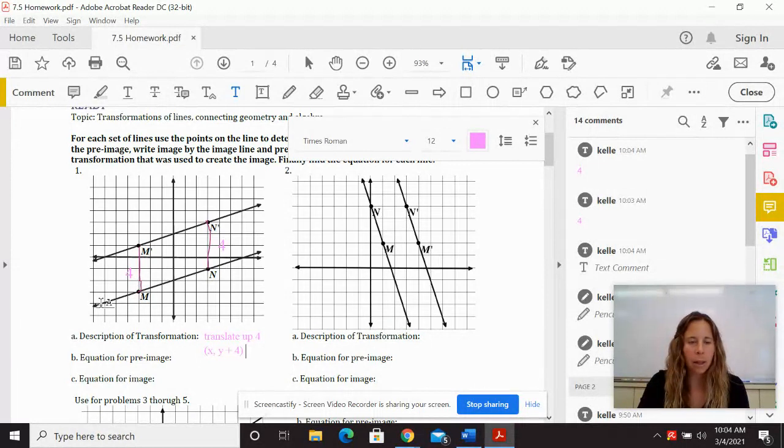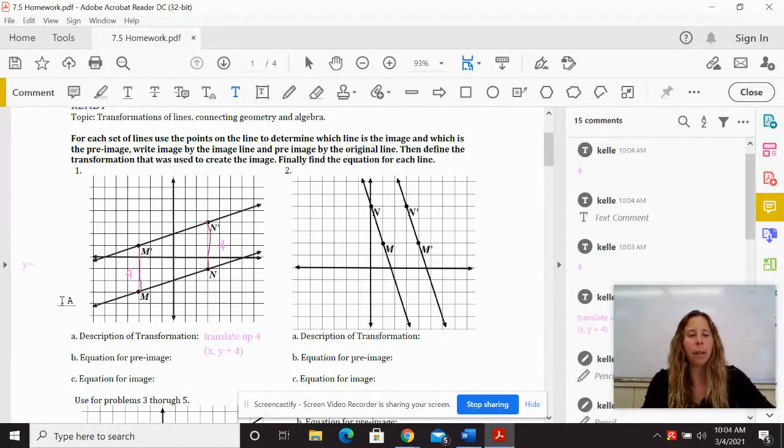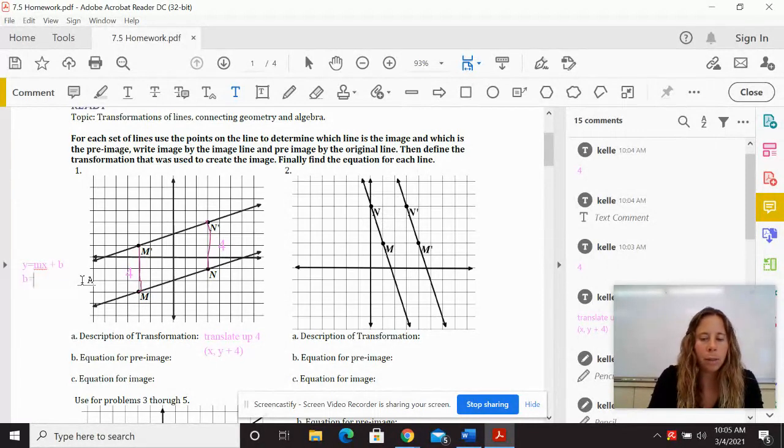So equation for this line. When you're writing equations for lines, you should automatically think of y equals mx plus b. For my pre-image, this line down here, my y-intercept is -2, so b equals -2.